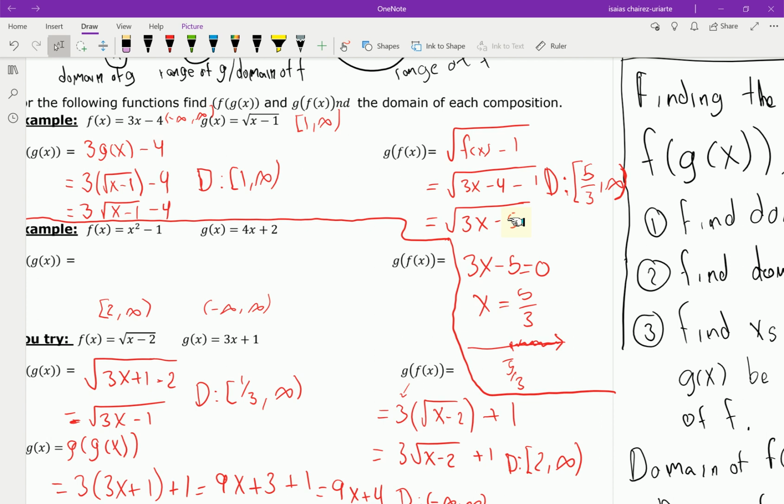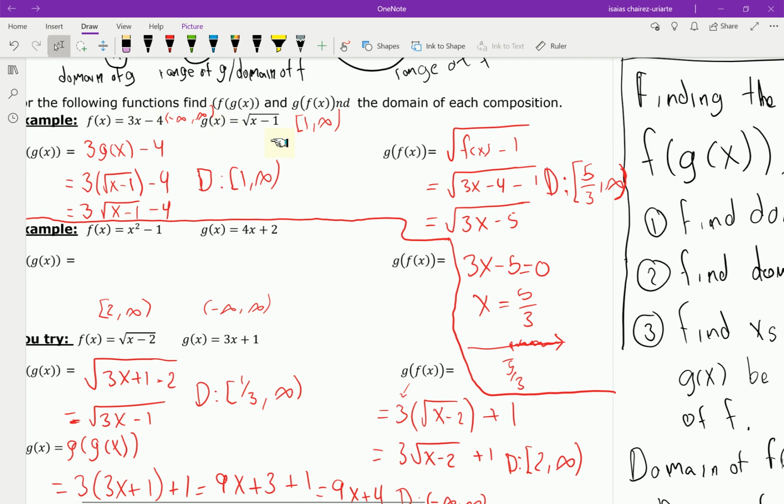All right, so what's the domain of this thing? I have to respect the domain of the inner function. The domain of the inner function is negative infinity to positive infinity. And now I have to identify any values of f of x that could potentially be outside of the domain of g of x.